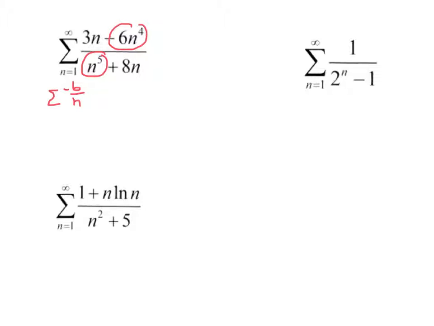And remember, we said that these end behavior models should be positive, but I wanted to show you that for something like this, a simple polynomial on top and a simple polynomial on the bottom, even if it's negative, it will still work. Okay, so this is a divergent P series. A lot of times you are comparing to P series, so I would know that rule down pat.